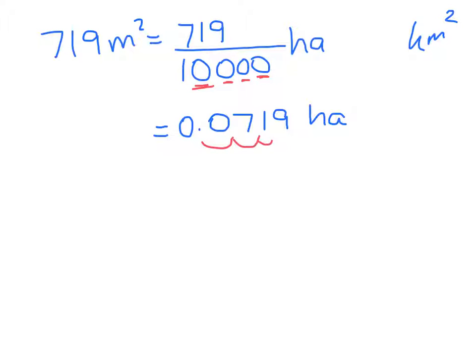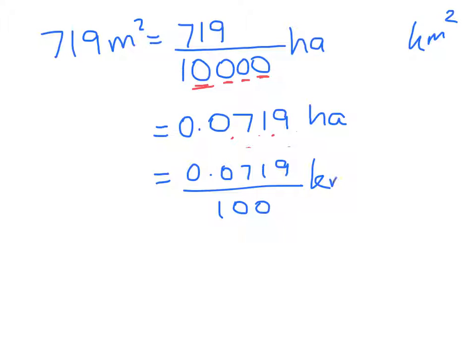If I work it backwards, 1, 2, 3, 4, do I end up with 719? Yes, I do. That's got us to hectares. Now, to convert to kilometres squared, I need to divide by another 100. So 0.0719 over 100 km squared, which is 0.0000719 kilometres squared.